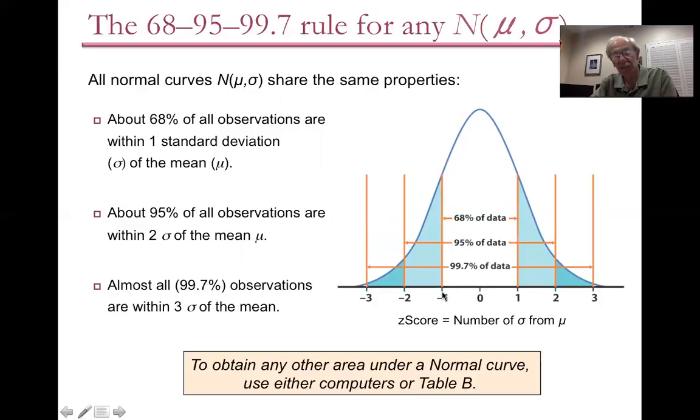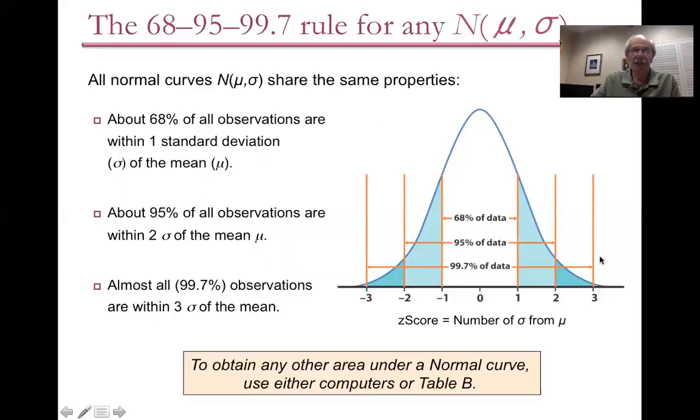Here's one standard deviation below the mean and one standard deviation above the mean. So 68% of the data is between these two values. 95% of the data is between plus or minus 2 standard deviations. And 99.7% of the data is between plus and minus 3 standard deviations.